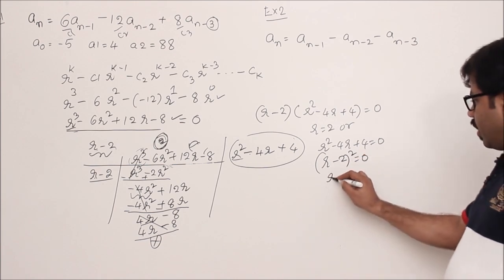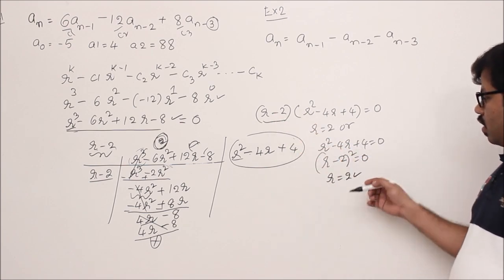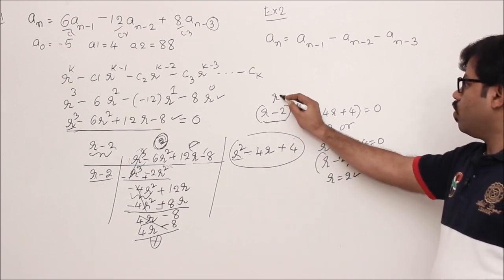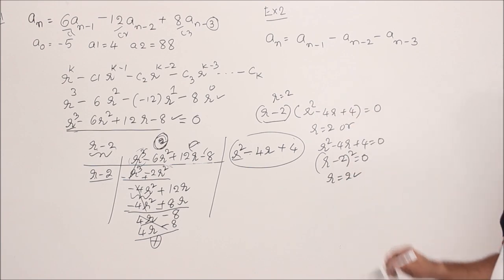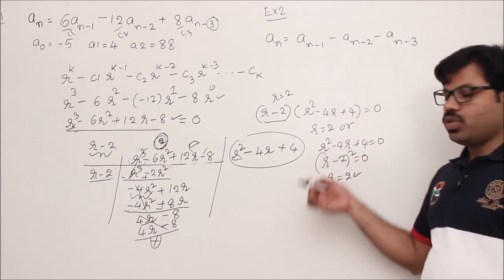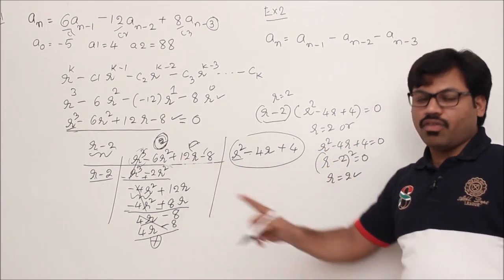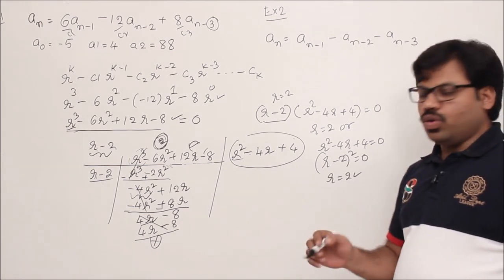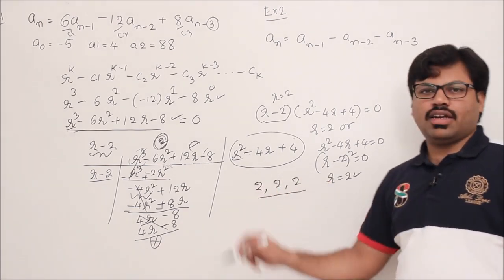Then again you get r equal to 2. Then this equation is supposed to have 3 roots, but all are the same. Whenever you have a polynomial of order 3, you will get 3 roots. Here all roots are 2, 2, 2, all identical.